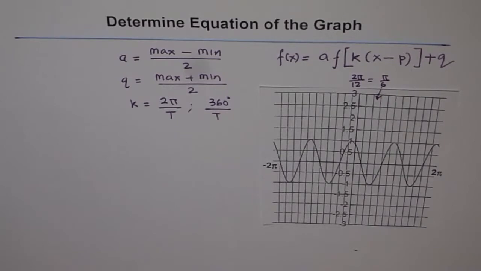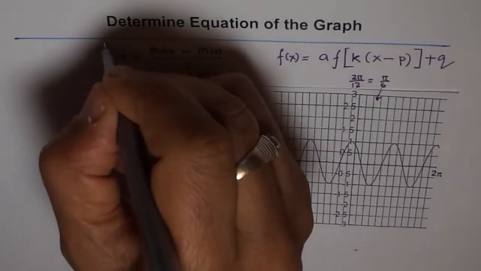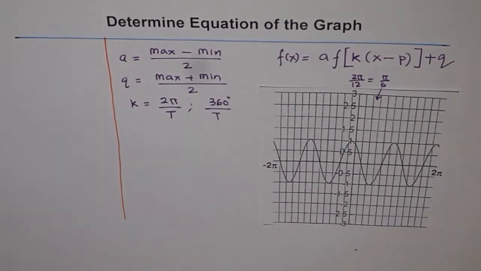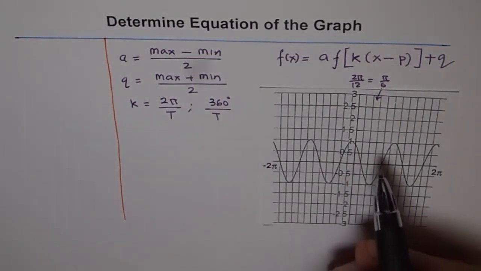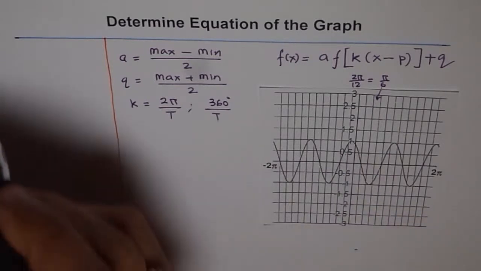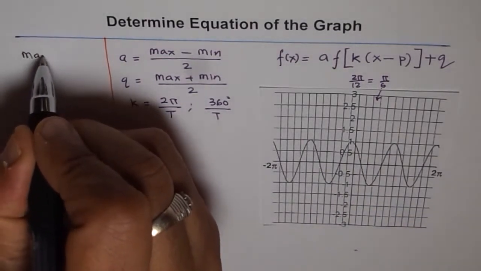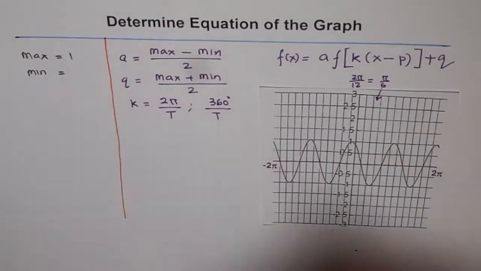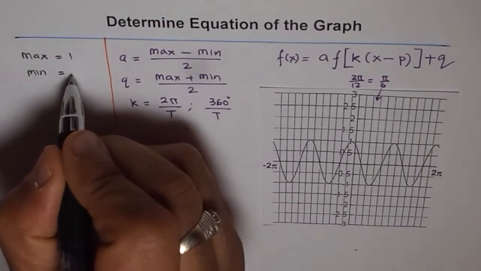Counting divisions, we can find the time period. So now let's figure out the real values of a, q, and k. Now to find a, you need to figure out what the maximum and minimum are. The maximum value is 1 for us, and the minimum is minus 1.